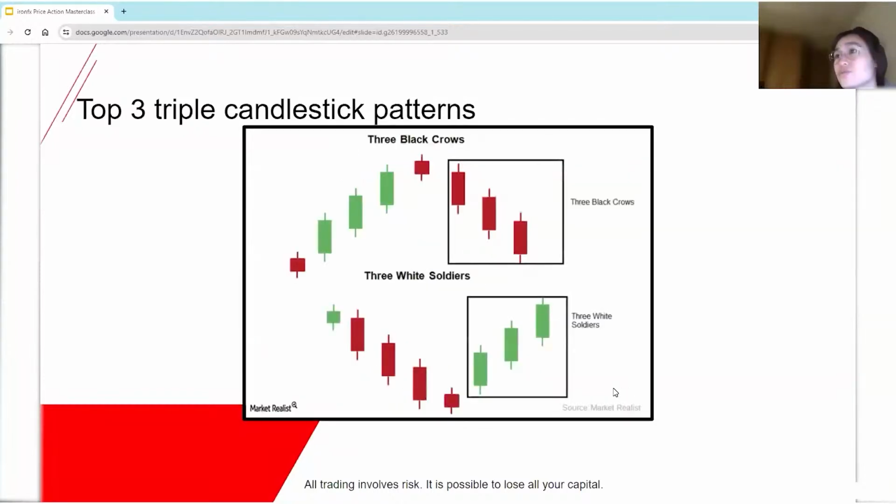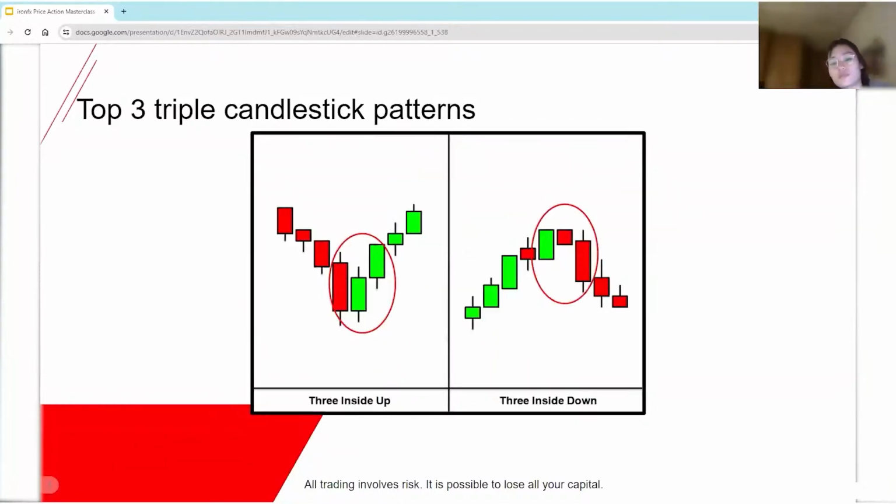Okay, let's move on. Okay, so next we have the three inside up and inside down. Here we have an opening candle, which is a bearish candlestick, followed by a green bullish candlestick, which is much smaller. And the opposite is true for a three inside down.